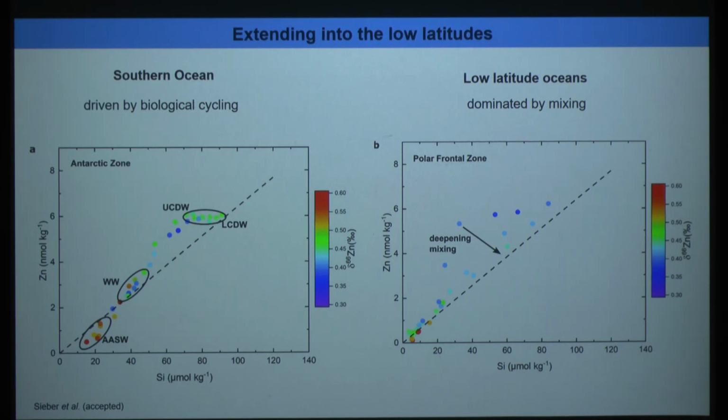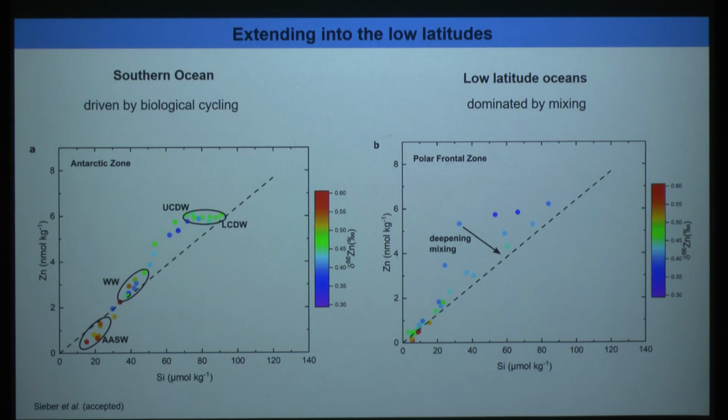As soon as you move out of the Southern Ocean, you get this mixing in the upper ocean, especially during winter times. You have deep vertical mixing, and you can see that the deeper waters that have this zinc excess relative to silicon. So this arrow also shows deepening mixing, which happens as you go further north.